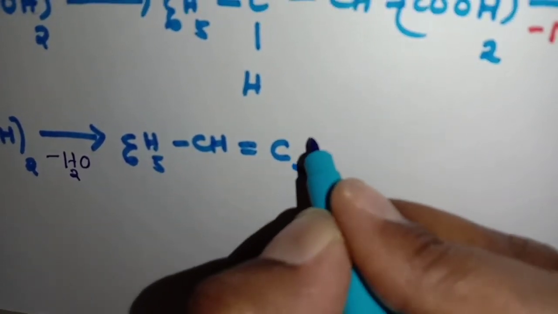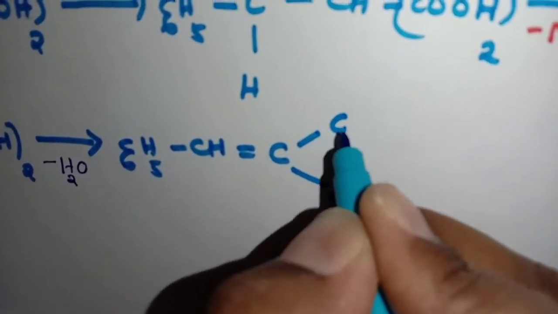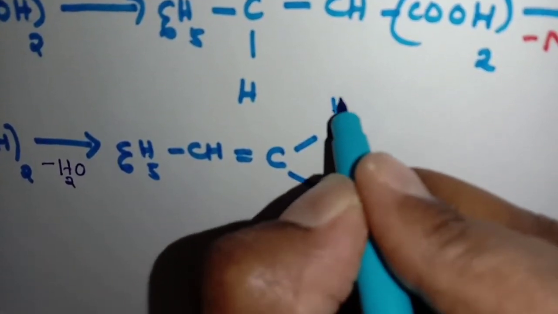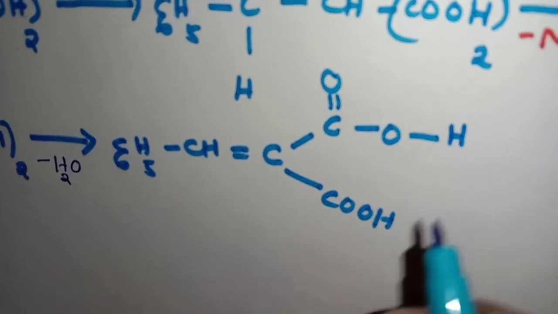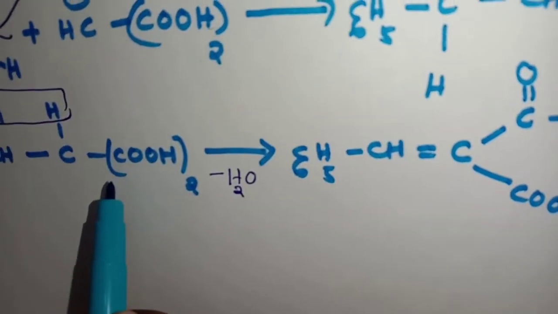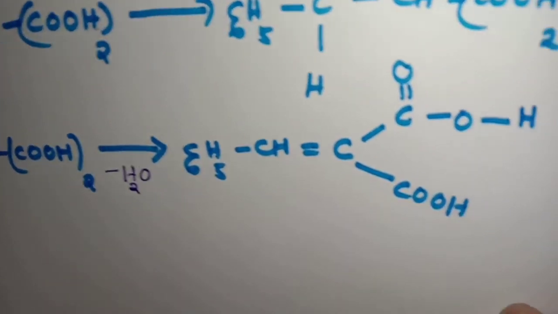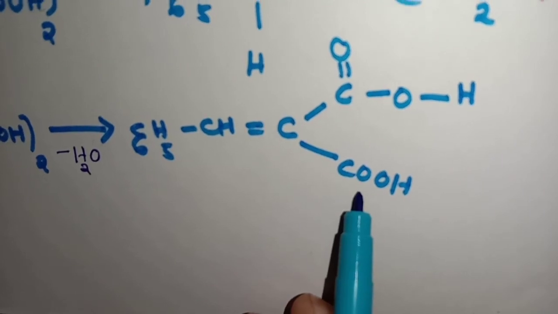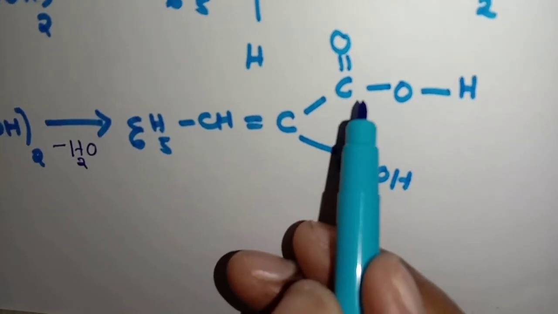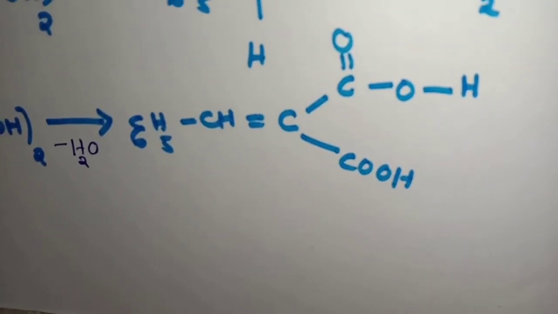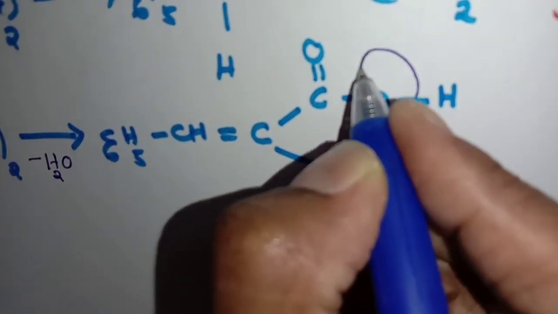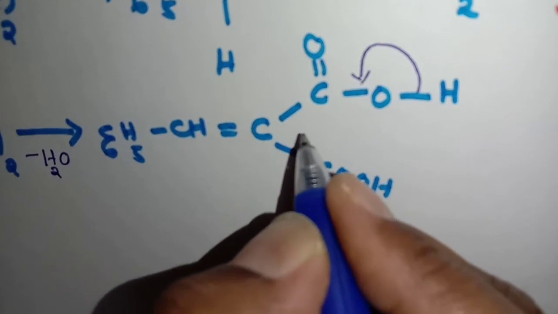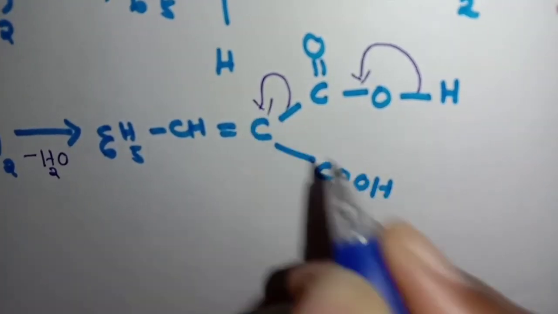Carefully observe here, students. The other COOH I am writing separately, C double bond O, OH. Okay. So what is here? There are two COOH groups. So here I am writing one COOH but another COOH separately to show some rearrangement. What happens? This bond shifts here and this bond shifts here.